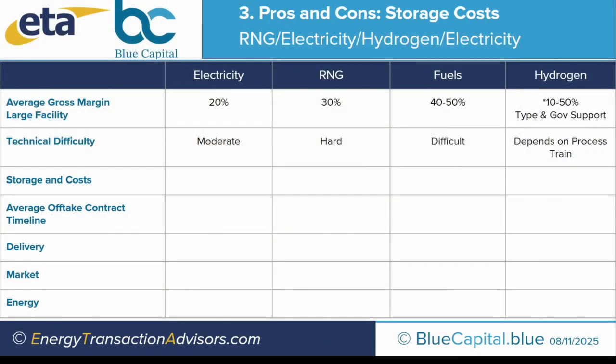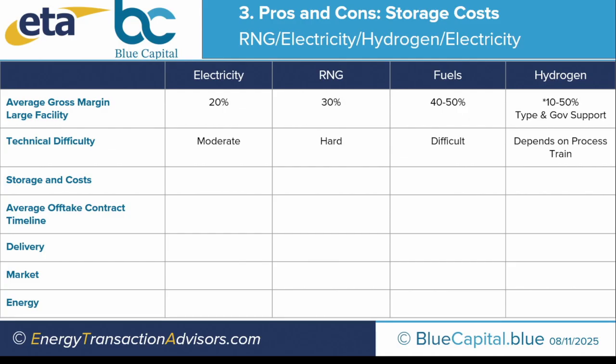Move on. So storage and costs. In this, we're kind of looking at the same kind of rating for things on the storage and costs. So how much money do you think the storage for these types of products is going to cost you to store it? Because you're not going to be just shipping it out right away. Very often you have to store it on site.